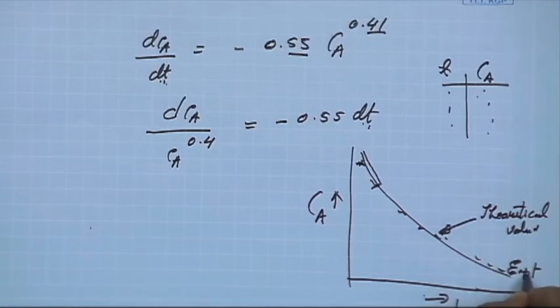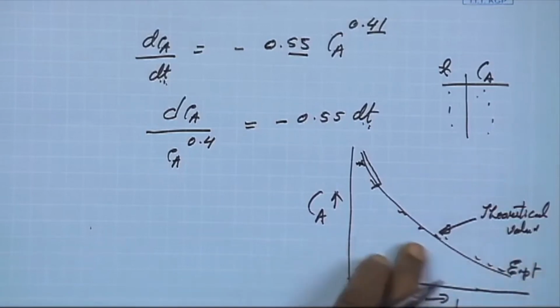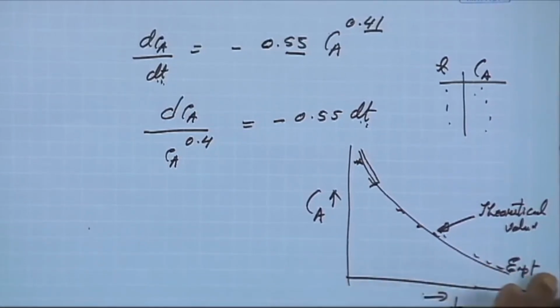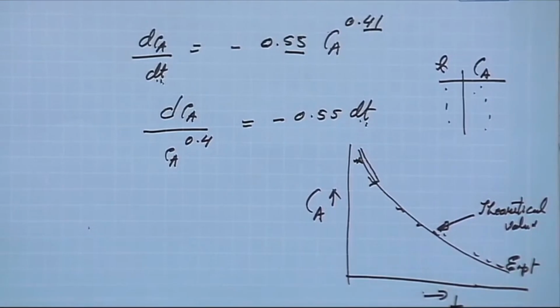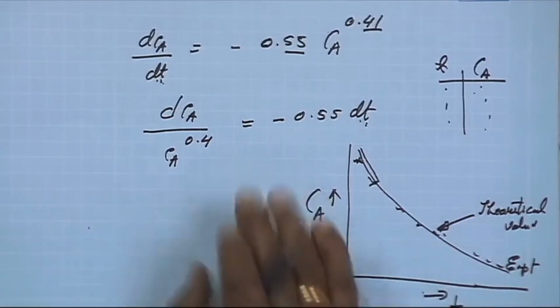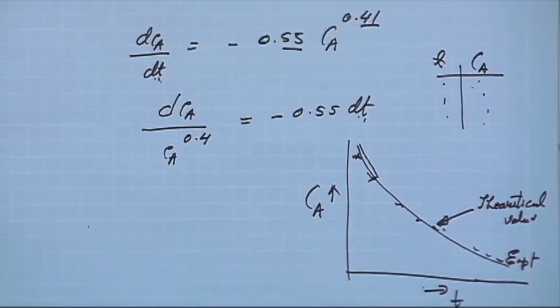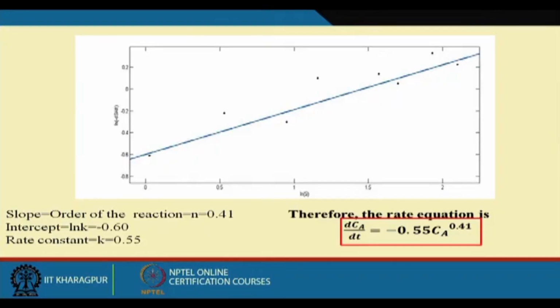And then compare with the experimental value and try to find out the deviation. If your deviation is more than 5%, then this equation is not valid, but if it is less than 5%, then we say the equation is valid. This is what you call modeling and simulation. That also I want to point out, I can elaborate this like this.